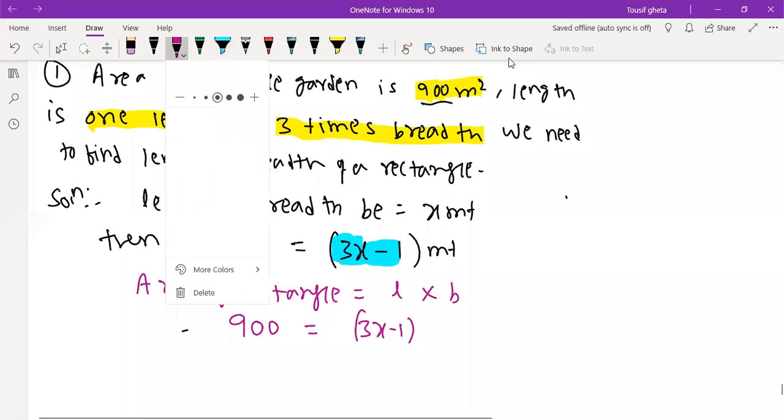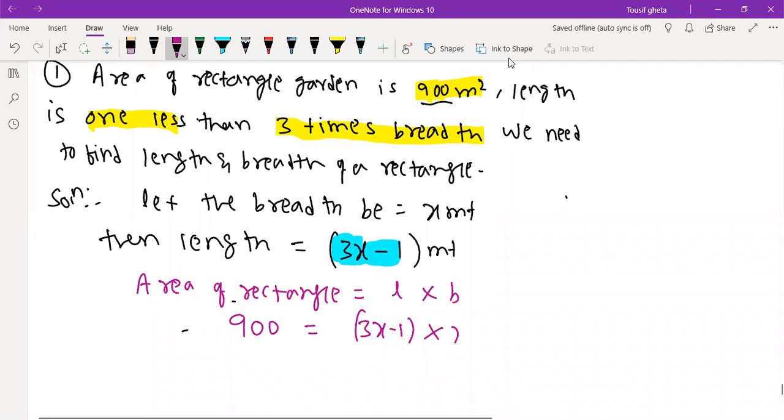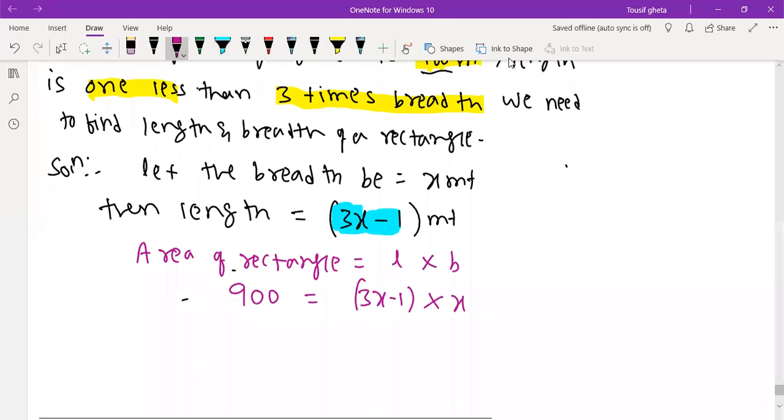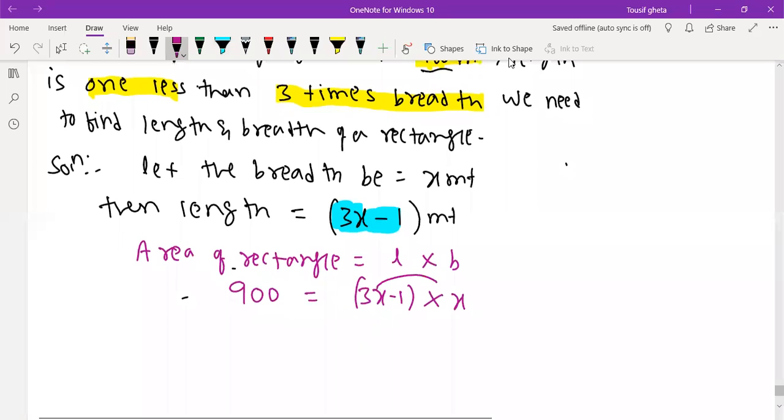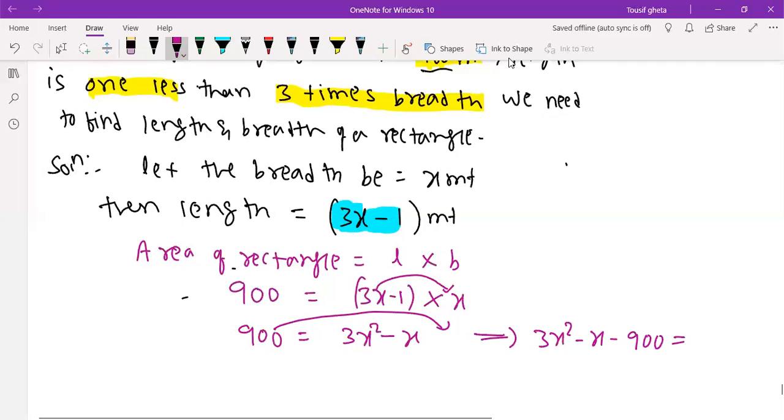And the breadth is nothing but x. So you need to multiply now. x into 3x we will get 3x square. So 900 is equal to 3x square minus x. Get this 900 here, you will get the answer: 3x square minus x minus 900 is equal to 0.